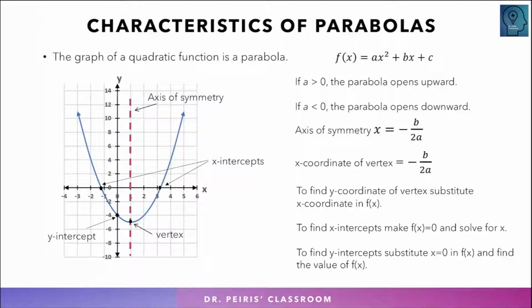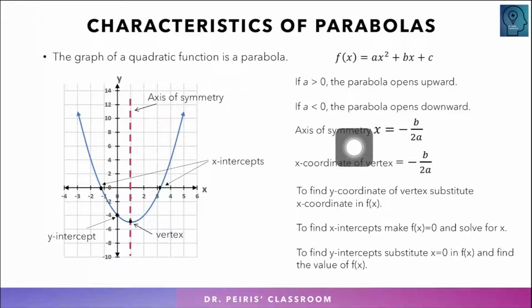So depending on the values of a, b and c, we can find the axis of symmetry, vertex, and x and y intercepts. Based on the values a, b and c, if a is greater than 0, the parabola opens upward. If a is less than 0, the parabola opens downward.